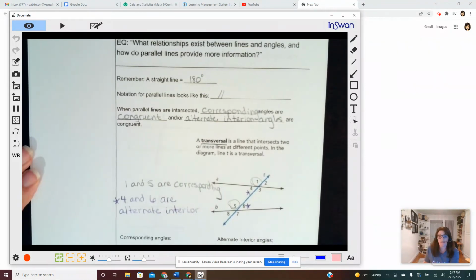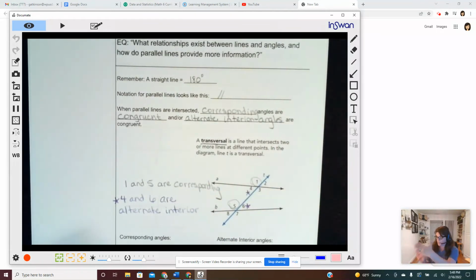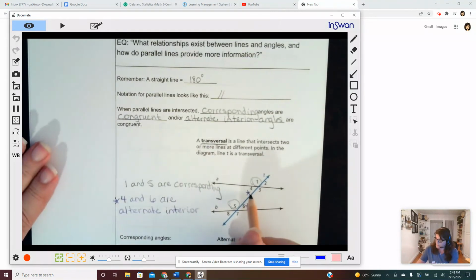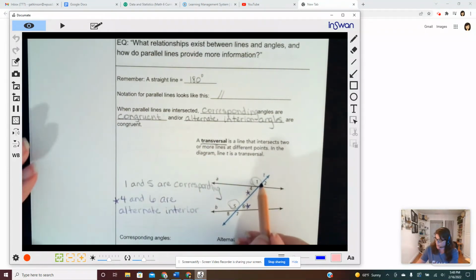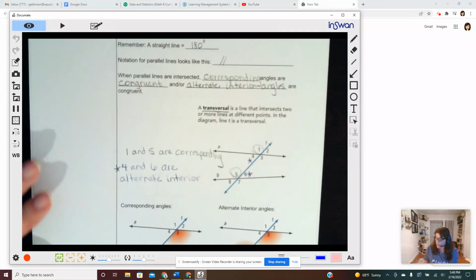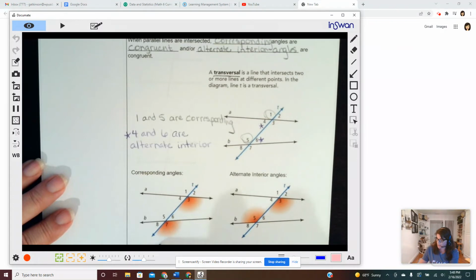And the name is exactly what it says. They're alternating sides and they're inside the main lines. Again, if I was looking at a map, I have one at the southwest corner, and I have one at the northeast corner. So all we're doing today is looking at this relationship.